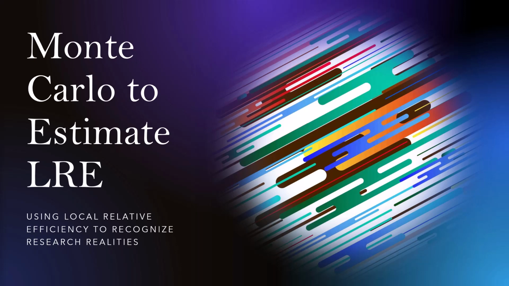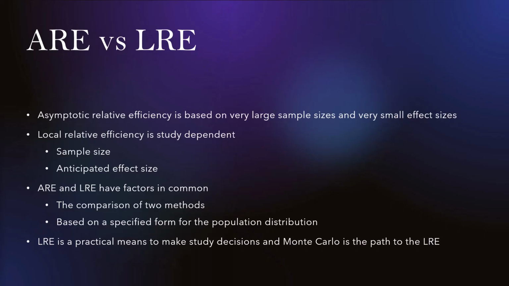Local relative efficiencies are more useful to us in a study framework than asymptotic relative efficiencies. Let's remember some of the points that I've made in the past about these two methods, as well as perhaps adding a few more points. Asymptotic relative efficiency is mathematically derived.